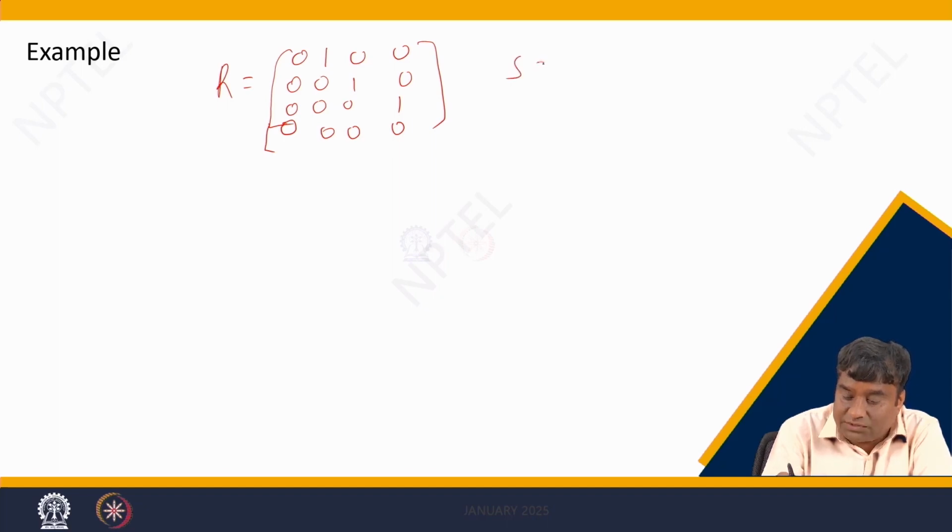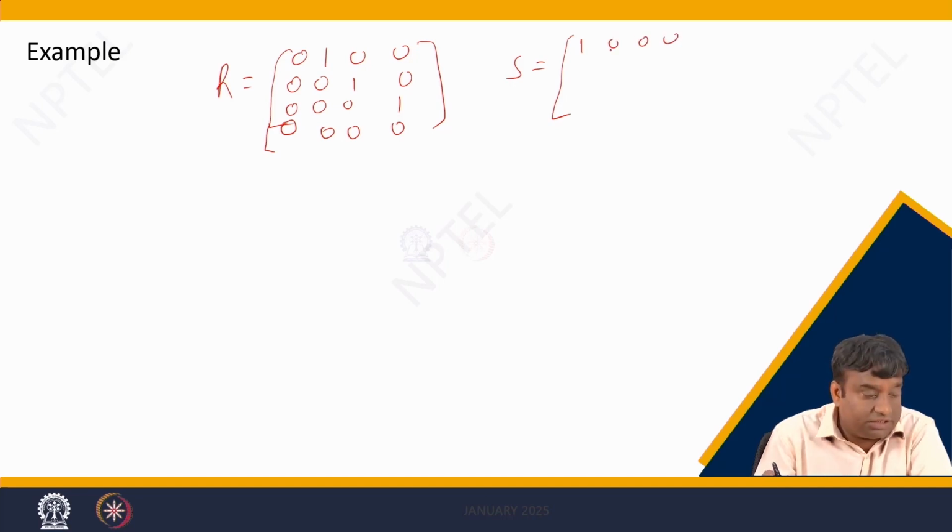Let S be a relation which is 1, 0, 0, 0, 1, 0, 0, 0, 0, 1, 0, and 0, 0, 1.